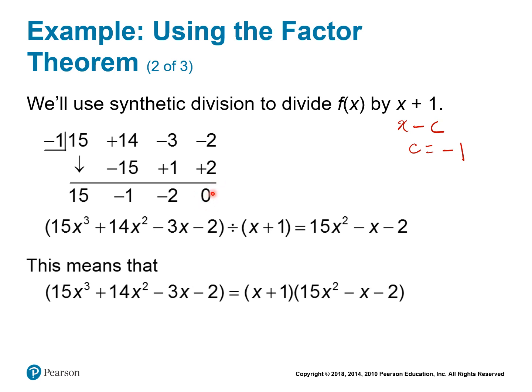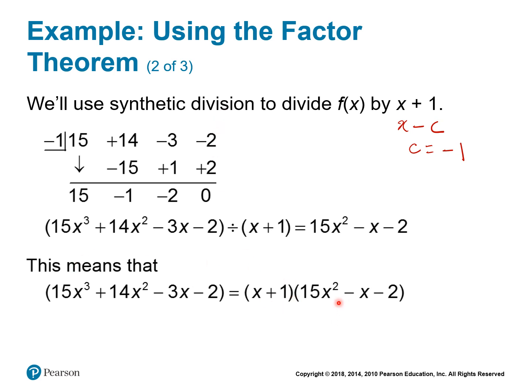Since we know that x plus 1 is one of the factors, we write this in factored form as x plus 1, and the other factor is 15x squared. Remember that the highest exponent in the polynomial was x cubed.